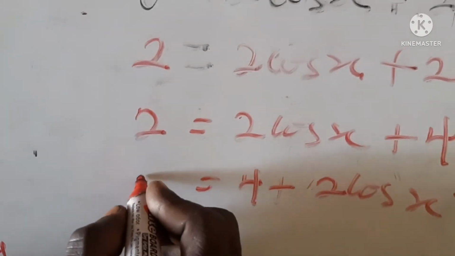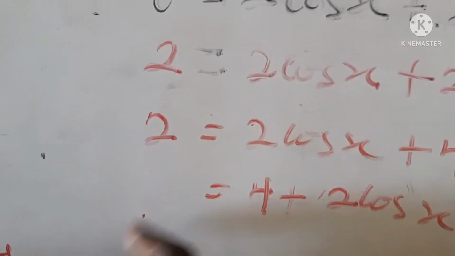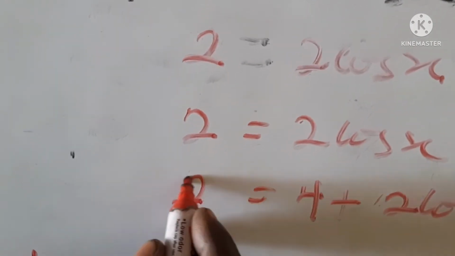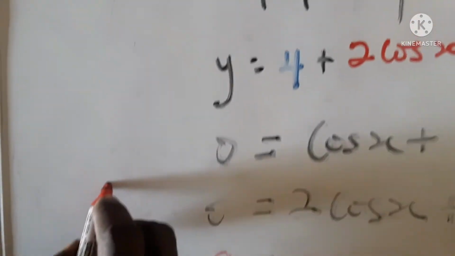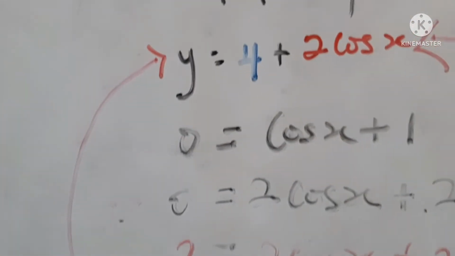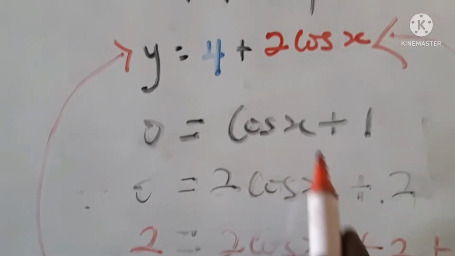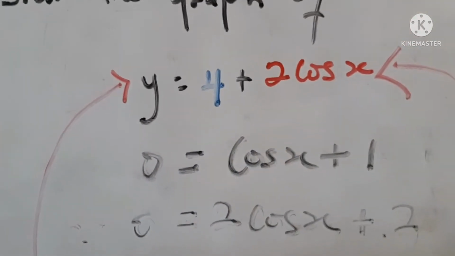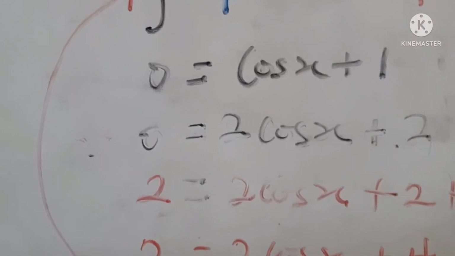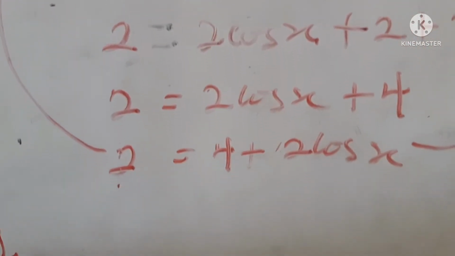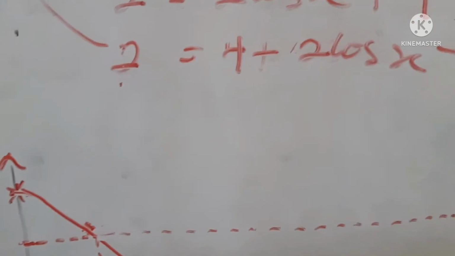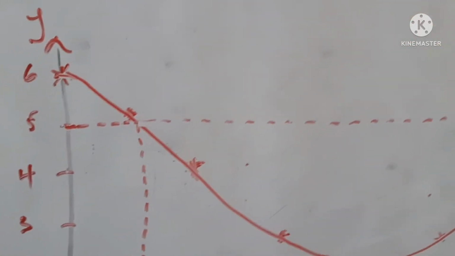Then we have here to be 2, so this 2 here is also exactly the y. That is why you have to make sure that you rewrite anything that has been given to you to look similar to the function that you are dealing with. So if you have y equal to 2, then we can easily go back to our first problem, when y is equal to 2 or when y is equal to 5.